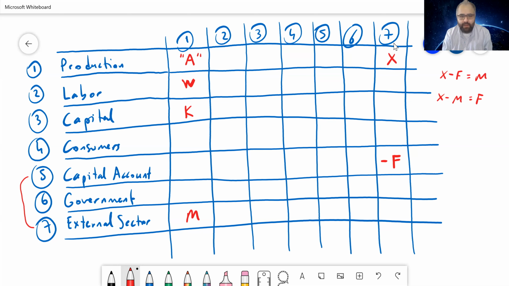Okay, and that's there. Now look at consumers. So we assume, of course, consumers are the owners of these labor and capital services. So they supply labor, they supply capital, right? So consumers' income is going to be originating from the labor account and the capital account, right? So we have something like this.